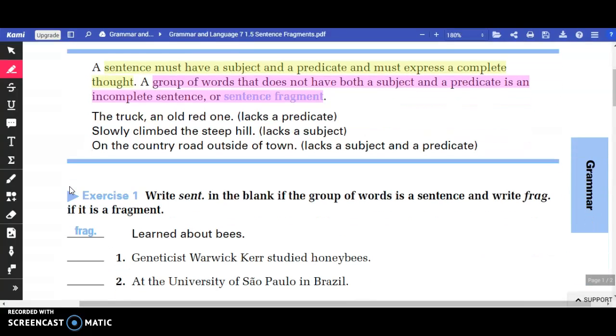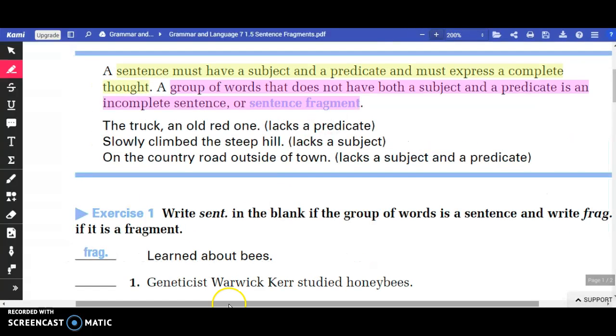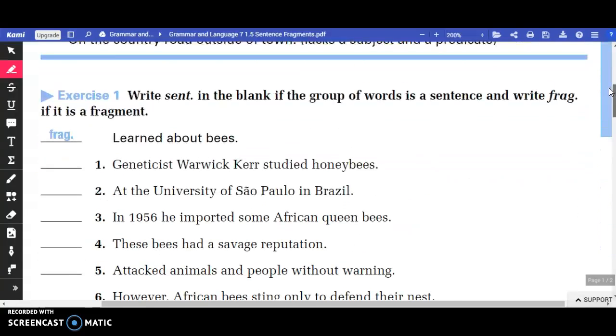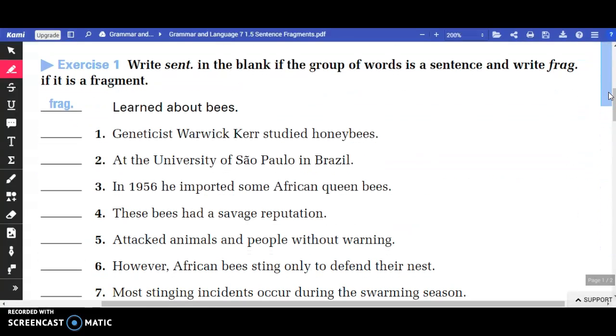Let's take a look at exercise 1. For exercise 1, it says to write sentence in the blank if the group of words is a sentence and write FRAG if it is a fragment. The first example, learned about bees, is a fragment because it doesn't have a subject. Let's start with the first one together.